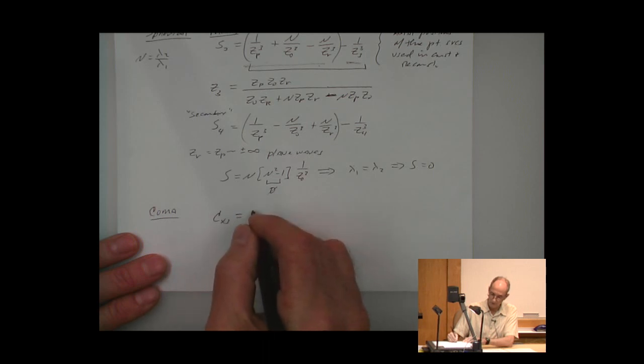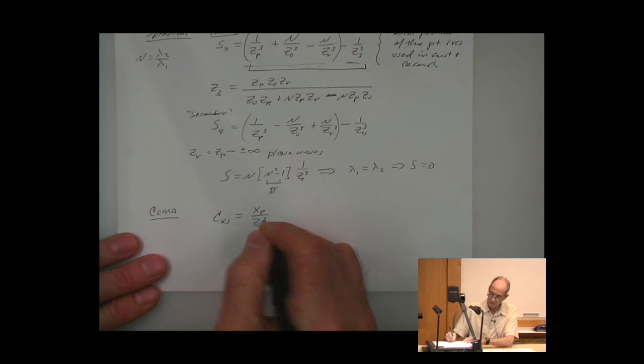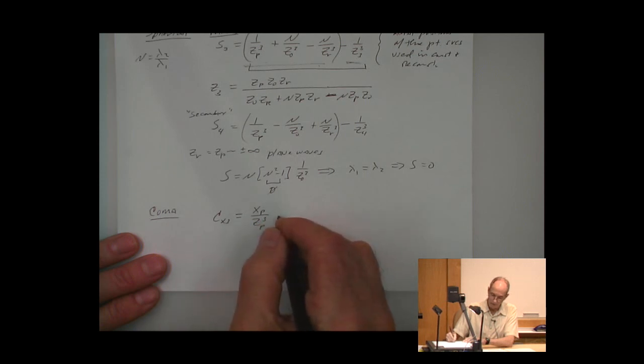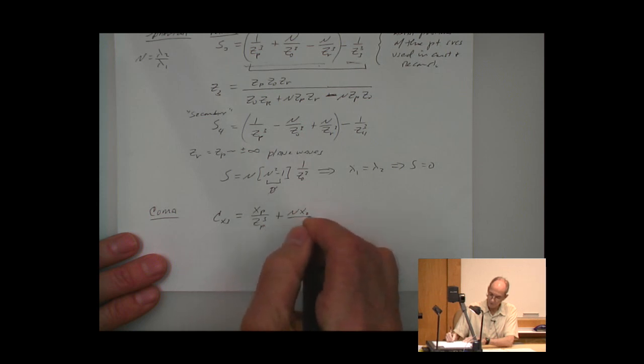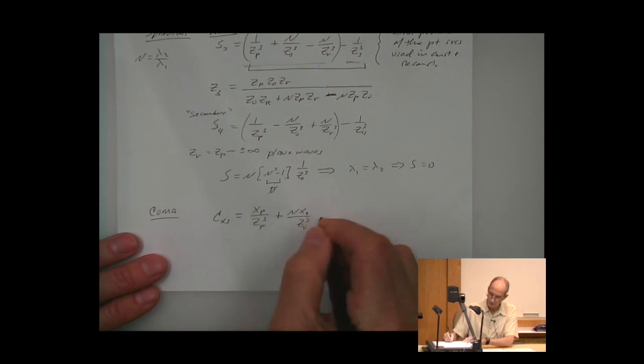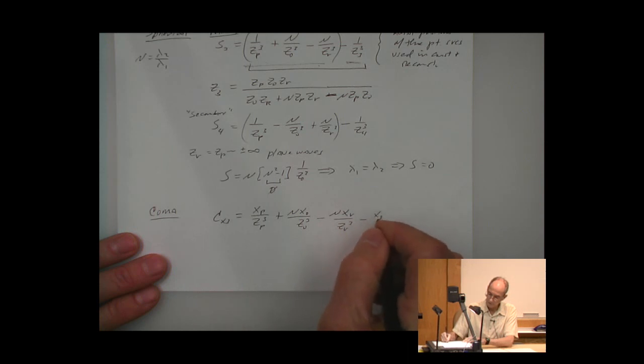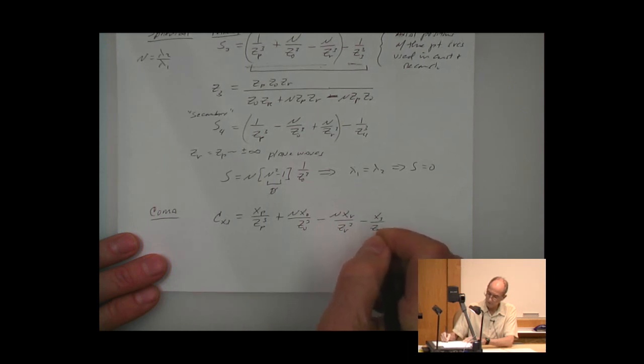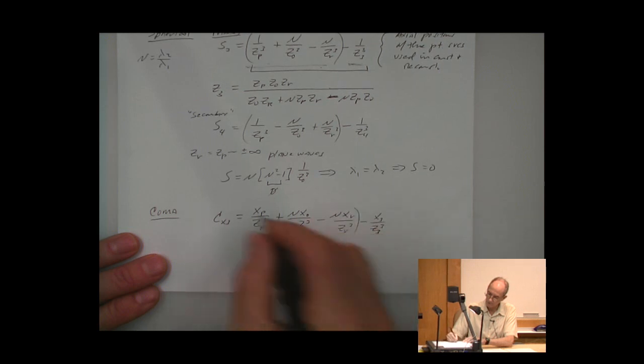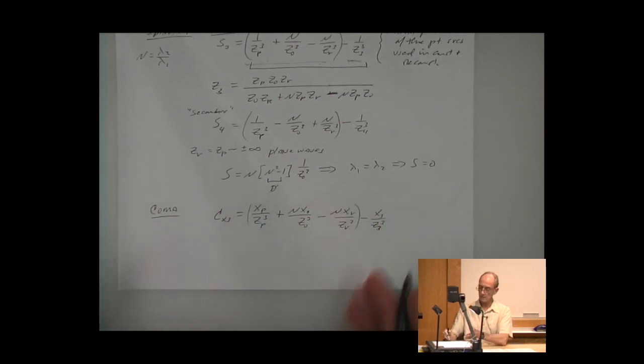C sub x3 is equal to xp over zp cubed plus mu x0 over zo cubed minus mu xr over zr cubed minus x3 over z3 cubed. So again, we have this difference between the construction and reconstruction coordinates and the paraxial image location.